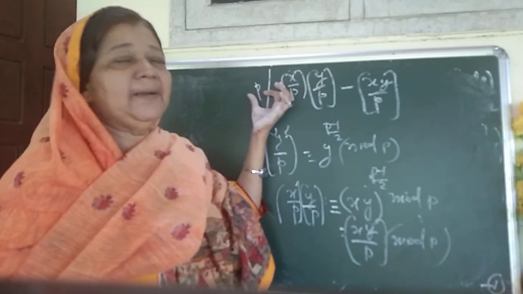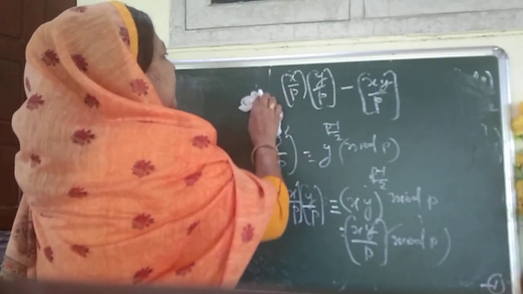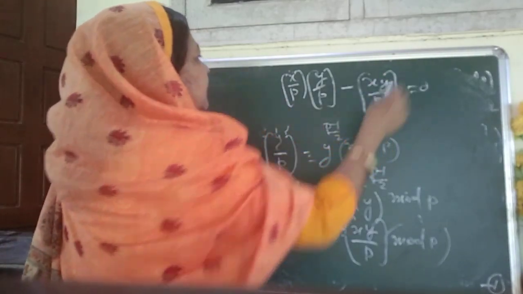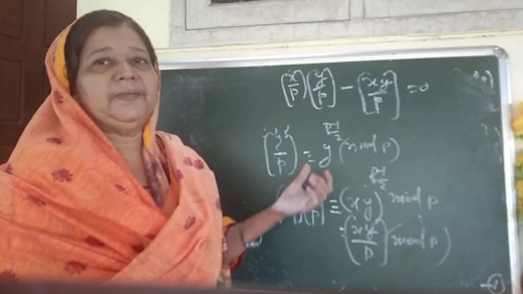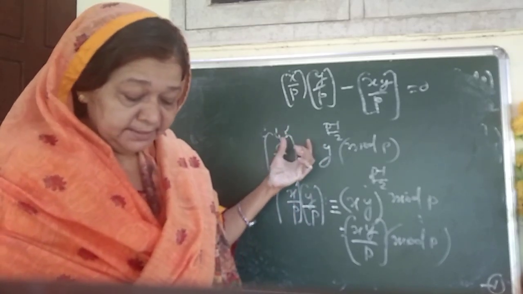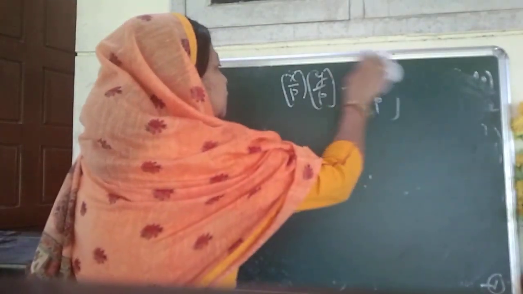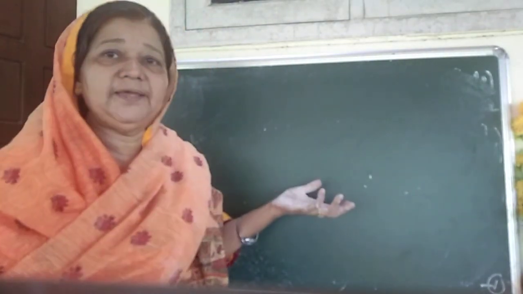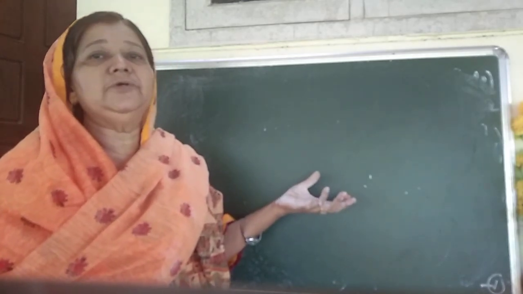Therefore, the difference cannot be a multiple of p. So, the only possibility is that it is equal to 0. That is, (x/p) into (y/p) equals (xy/p). That is, the Legendre symbol is completely multiplicative. Then we can evaluate (-1/p) and (2/p). That means we have to find whether -1 or 2 belongs to the quadratic residues modulo p.